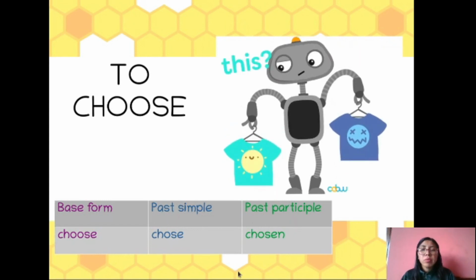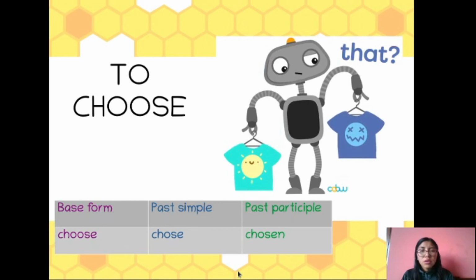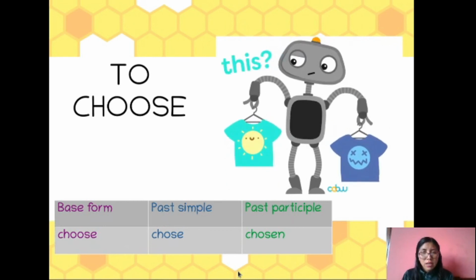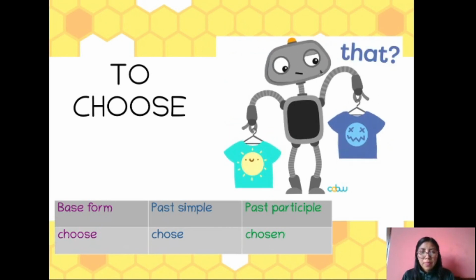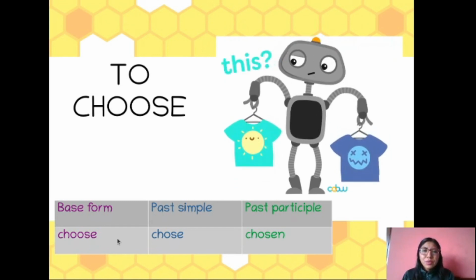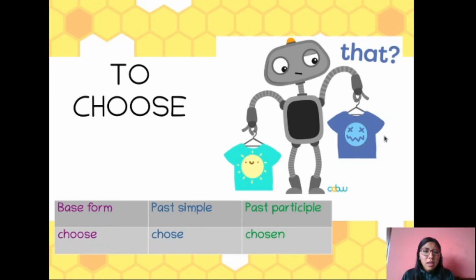So repeat with me. Choose, chose, chosen, okay? What is that? Elegir, okay? For example, he chooses the blue one. Okay?